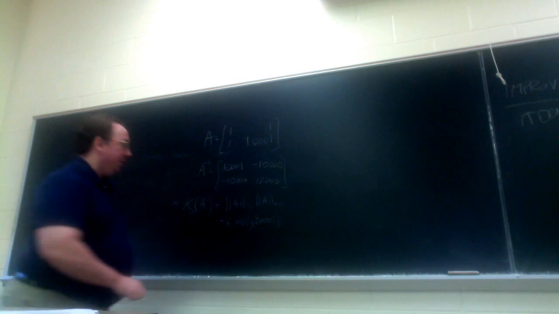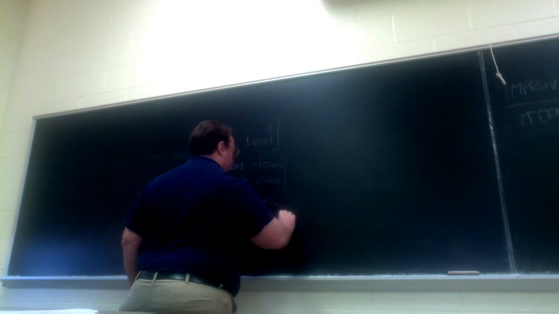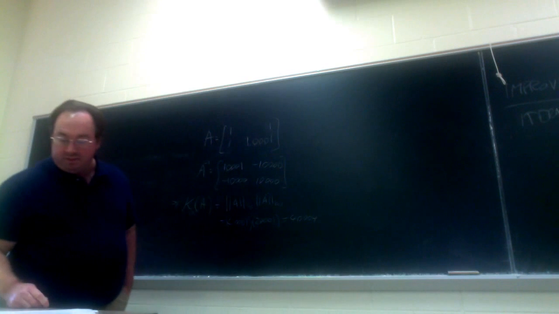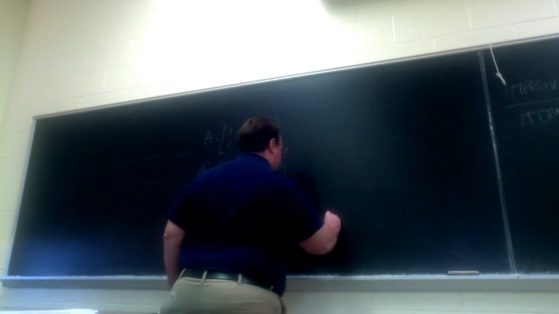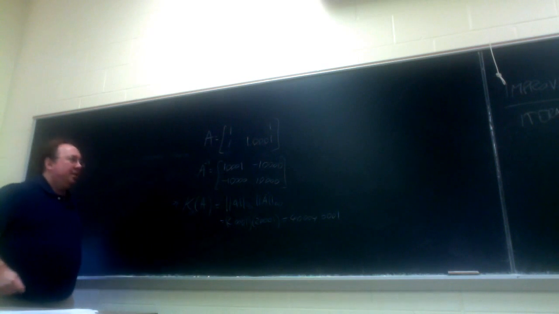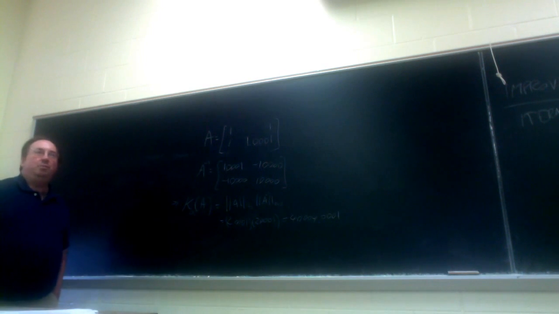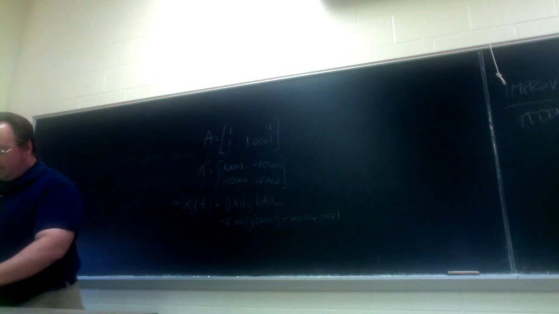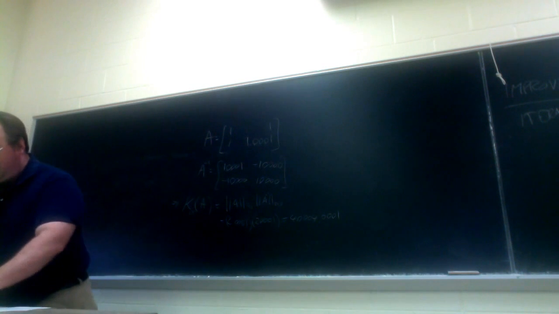So it's pretty dang big. So it's 40,004 point something 0001. Okay. So even a very small matrix like this can be quite ill-conditioned. I could have made it as bad as I want.